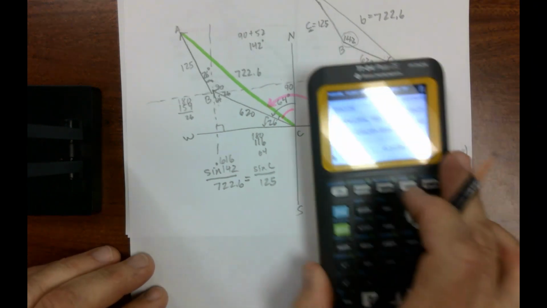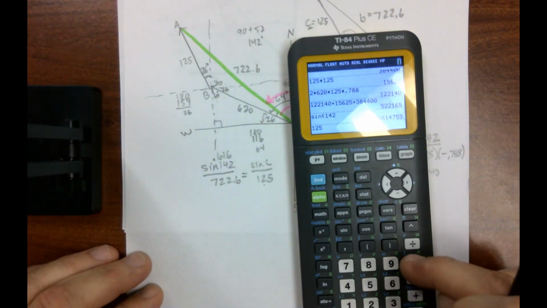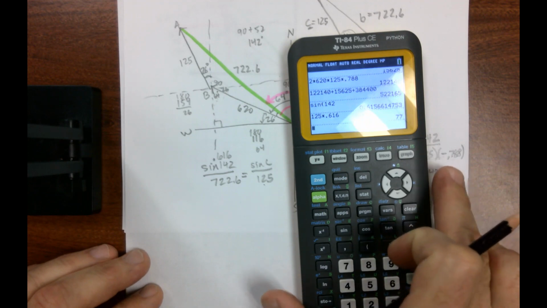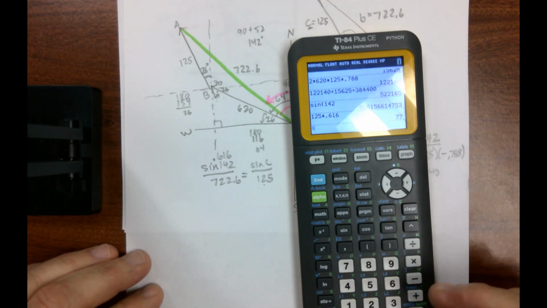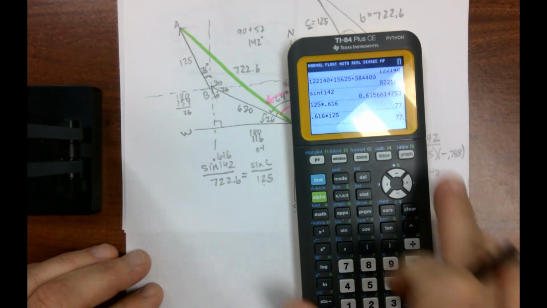So now I'm going to take my calculator and I'm going to cross multiply here. 125 times 0.616. I get 77 on the nose. Try that again. 0.616 times 125. Wow, okay.